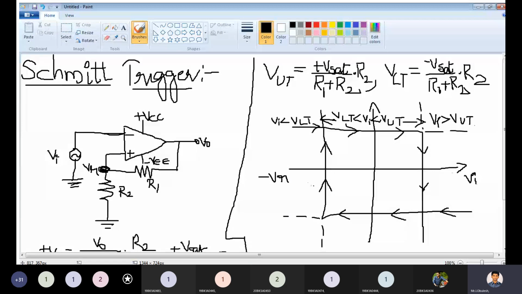This is the minus V reference point. This is the 0.